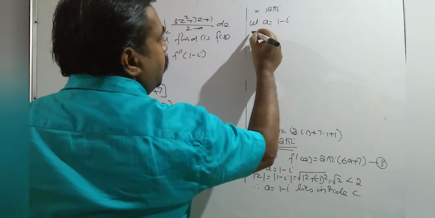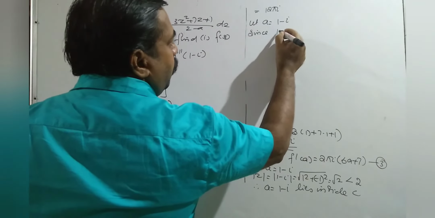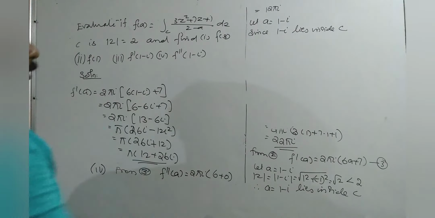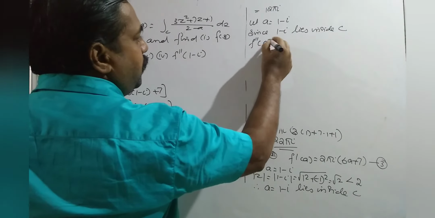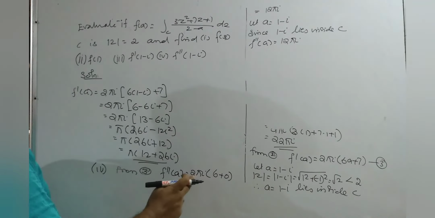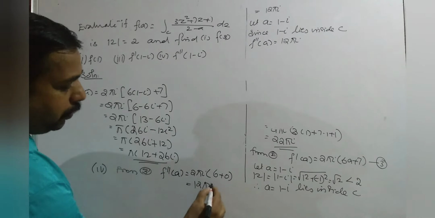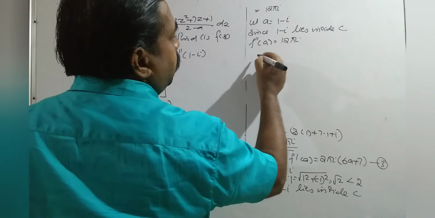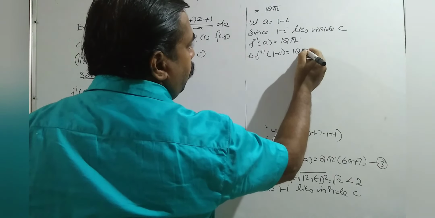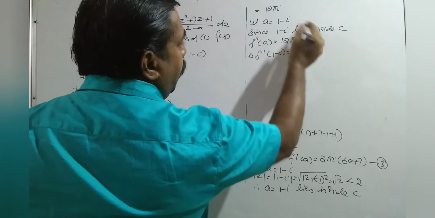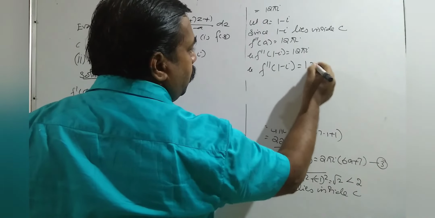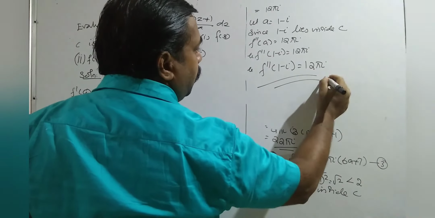Since we already proved that 1 minus I lies inside C, f double dash of a is equal to 12 pi I. From this equation, 6 into 2 gives 12, so we can write 12 pi I. That is f double dash of 1 minus I is equal to 12 pi I, because a is equal to 1 minus I. So this is our required answer.